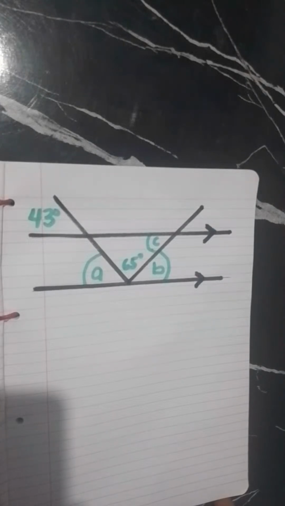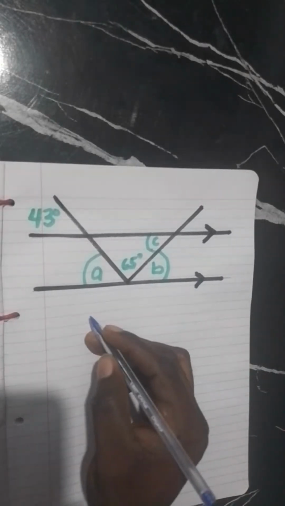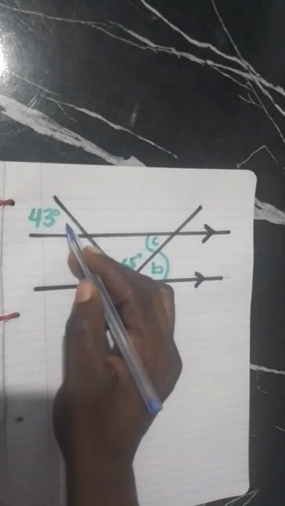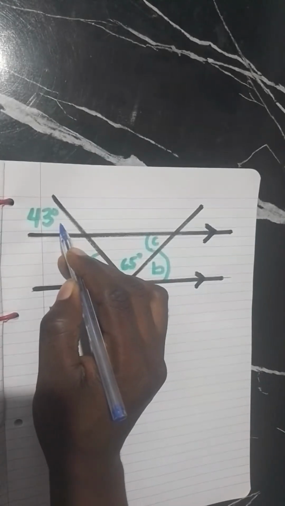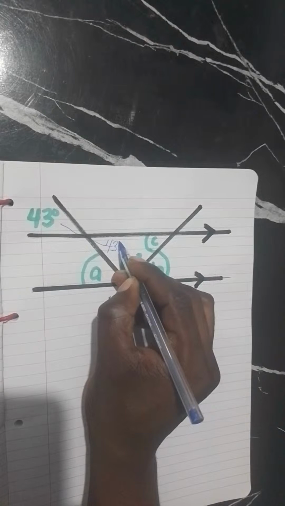Right. So to solve for any of the letters, you can see 43 degrees is there. With this, you see the 43 degrees here is vertically opposite. So here will be 43 degrees.